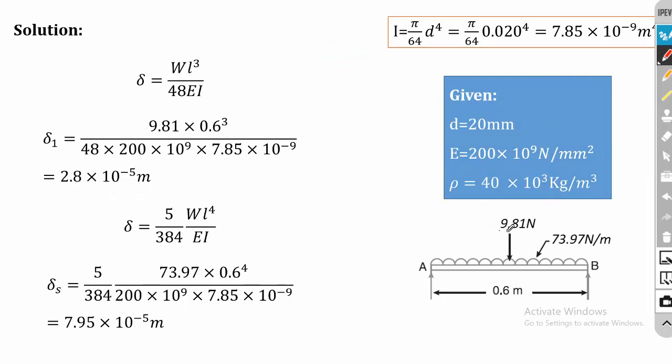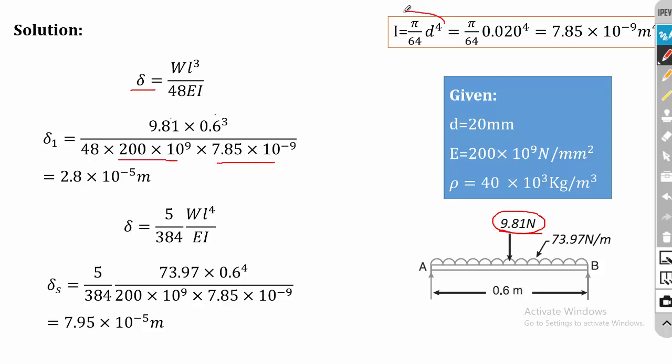Also the shaft is subjected to a point load at the center. The weight is given as 1 kg. I have converted it into Newton, that is 9.81 Newton. For a simply supported beam subjected to a point load at the center, the equation is WL cube divided by 48 EI. I have substituted the value of W, L, and E is given in the problem. I we have to calculate.